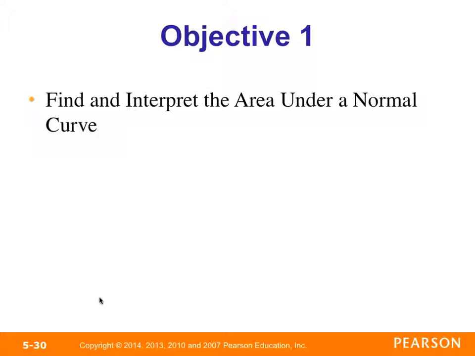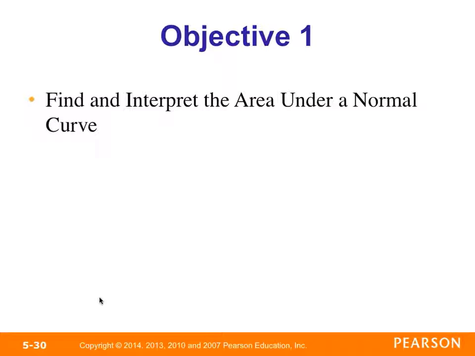So at this point, if you don't have your textbook out, you probably want to pull up at least the table in the back, okay? And this is in the appendix. Let me find the number for you so that you can find it. It's table 5 in the back of your book. It's just the normal distribution table.